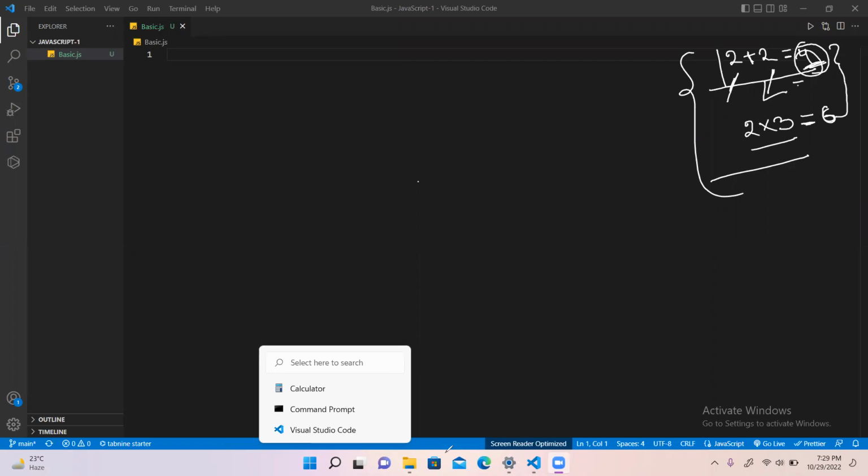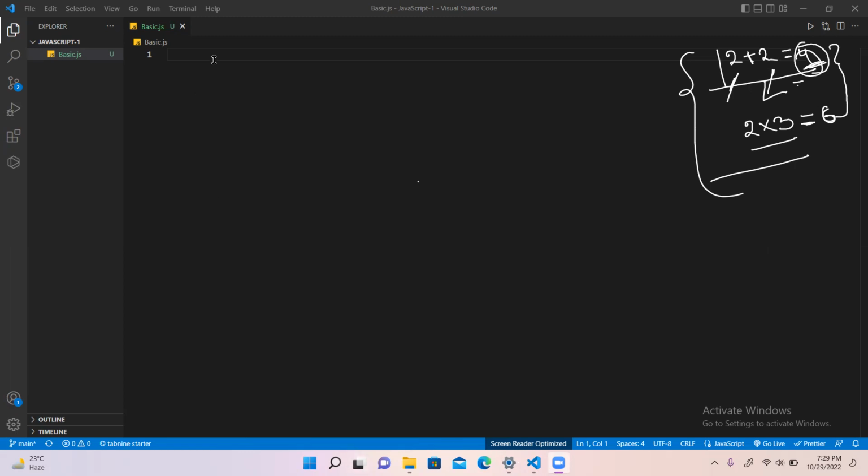In this lecture we learn JavaScript at a very basic level. You just print values: how to get the value of 2 plus 2, 4, and 2 into 3, 6. First of all, every student's first dream is to print hello world.